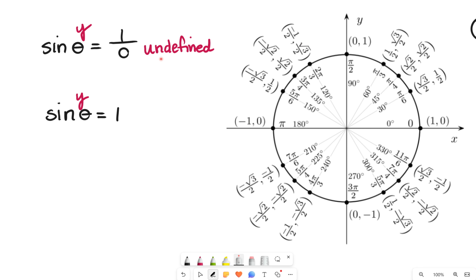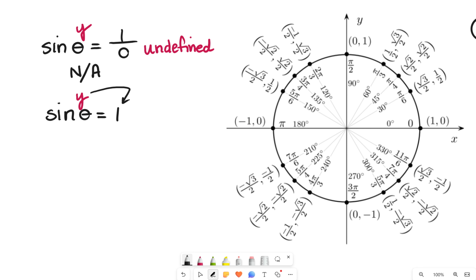So for our first equation, where is sine theta undefined? Nowhere. So this problem is just not an applicable solution. There isn't a theta that would yield an undefined solution, okay? Why? Again, every single angle has a y value. You can see the y value, okay? Now, in the next one, sine theta equals 1.